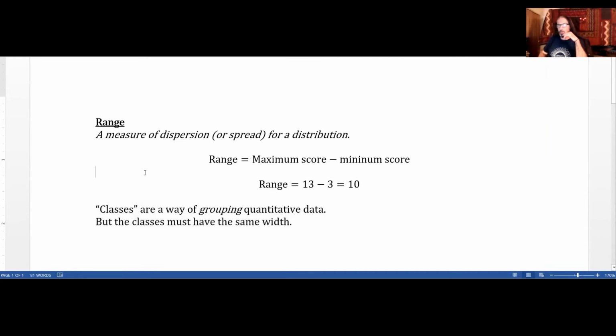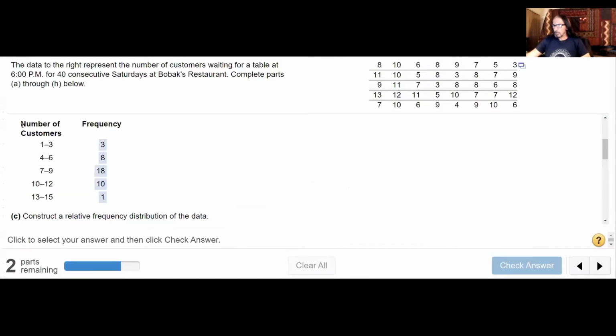The point of it is you want to split up the data. It's like taking quantitative data, putting it into categories. Well, we call those categories, because this is quantitative data instead, we call them classes.